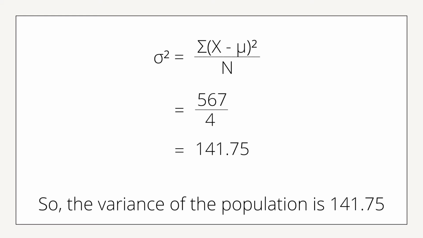We will just simply substitute to get the answer. So we have 567 from the summation earlier and 4 from the number of elements. Dividing this, we have 141.75. So the variance of the population is 141.75.